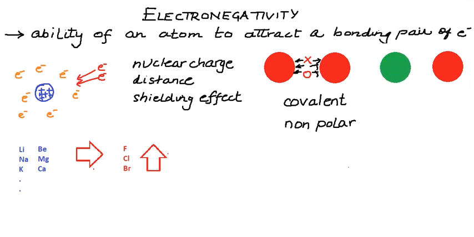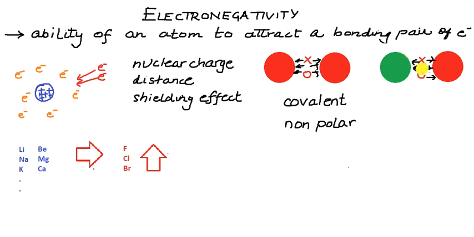Now, if they have a pair of electrons to share between them, one of them will have a greater force of attraction exerted on this pair of electrons compared to the other one, as a result of which the electrons will still be shared, but there will be a distortion in the electron cloud.